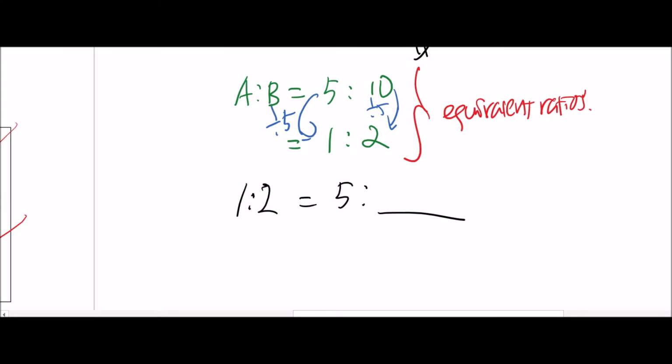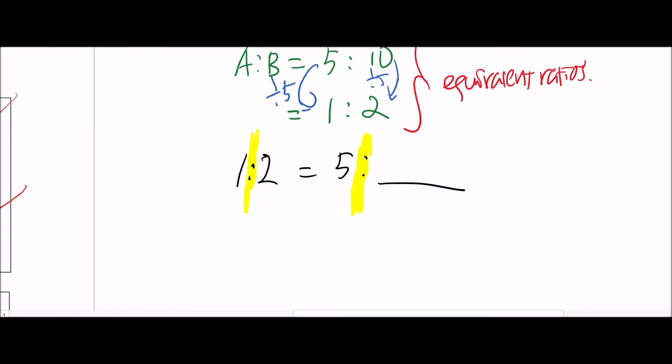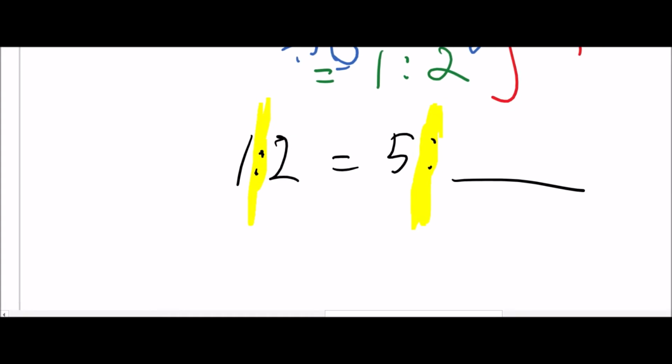Now, you realize we're doing the reverse thing. So let me highlight the semicolon here, so you can see very clearly which one is on the left hand side, which one is on the right hand side, and you have to pay special attention to which one you're referring to. The semicolon is highlighted in yellow. For the ratio on the right hand side, the number to the right of the semicolon is unknown.